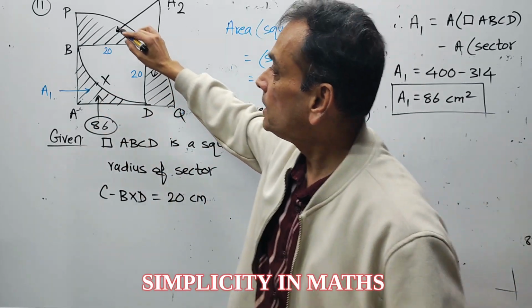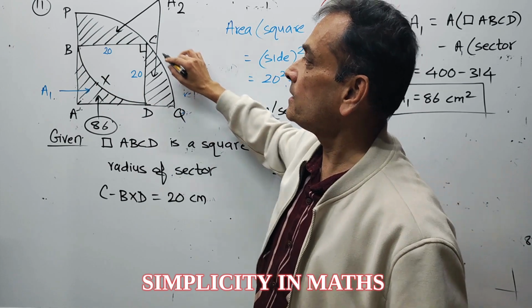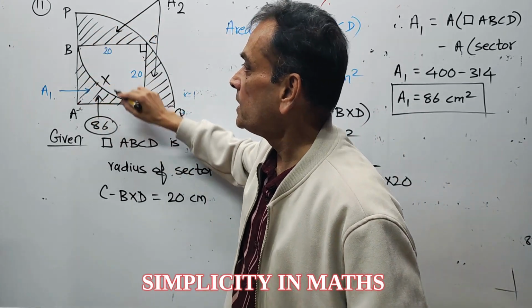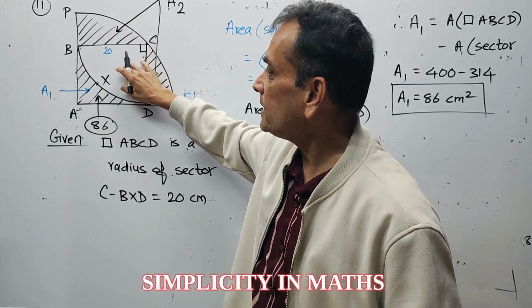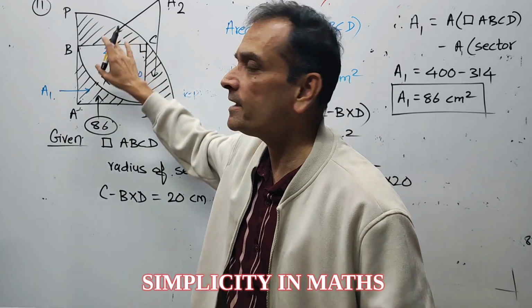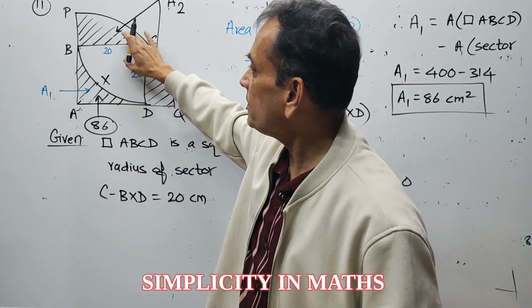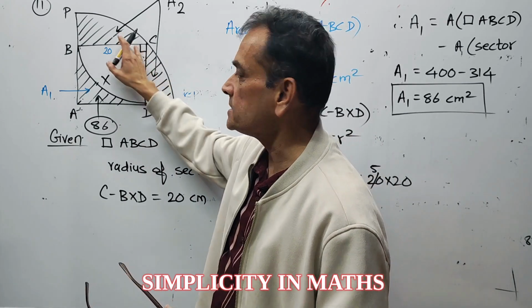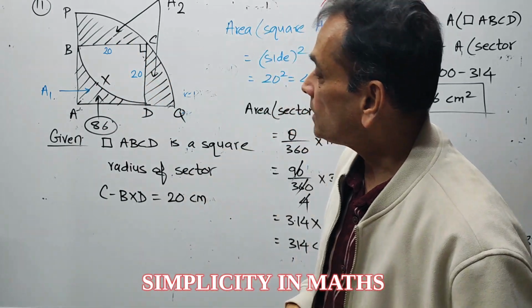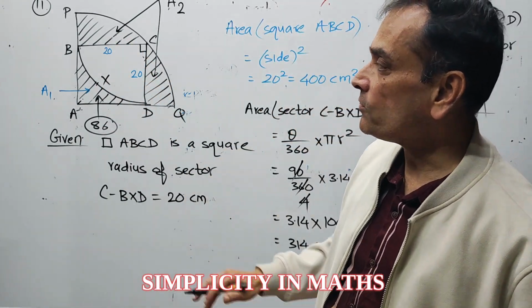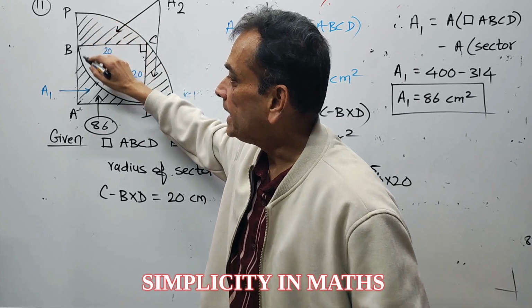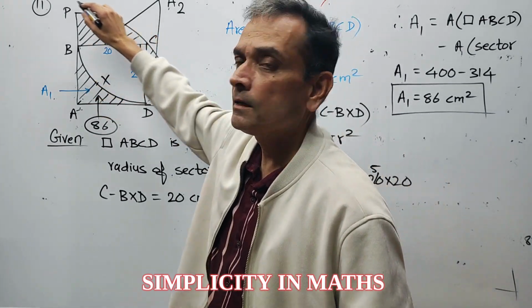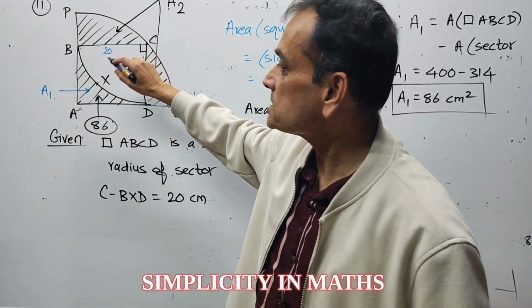But over here, area of the big sector minus area of square. If we remove the square from the sector, what remains? This shaded part remains. So that part we will call A2. Both together we call A2. So to find A2, I am going to use the formula area of the big sector minus area of the square.